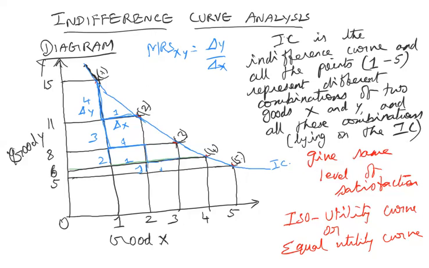Now this is the indifference curve. So 3:1, 2:1, 1:1. This is how the MRS xy keeps on decreasing.